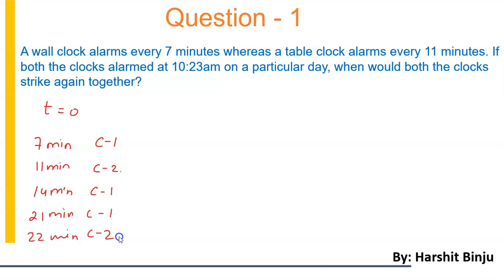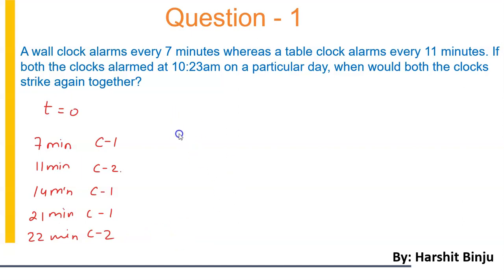Now if I want both of them to strike, I need a number which is a multiple of both 7 and 11.